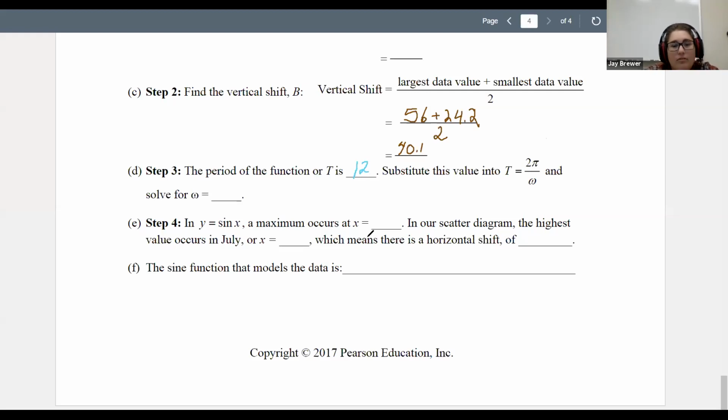But 365 makes sense because if we were dealing with days, that would definitely be it. So if we solve to find our omega, we're essentially going to be taking and swapping the 12 with the omega, right? So 2 pi divided by 12 is going to give us omega, which is just pi over 6.